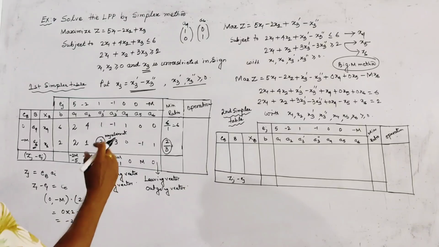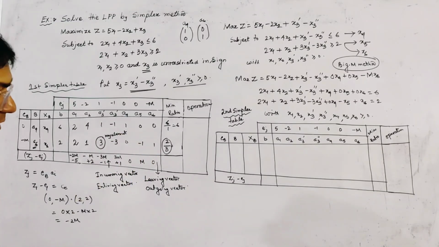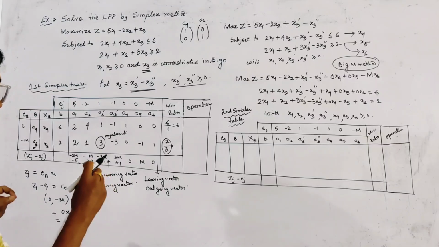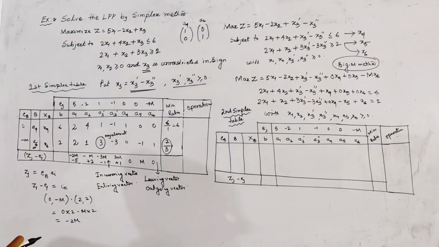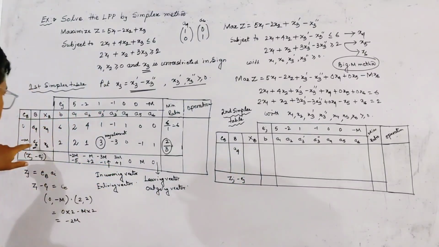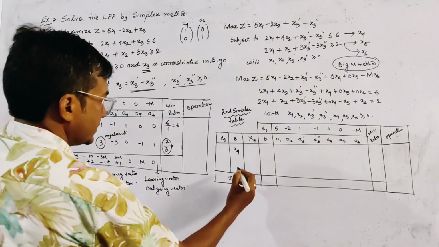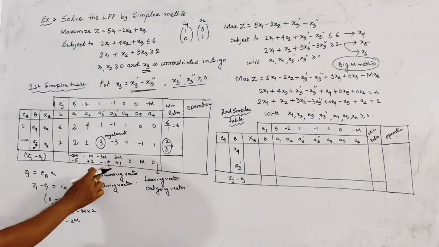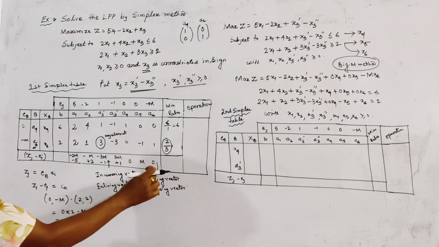Now we go to the second simplex table. We have already drawn the second simplex table, and how to fill it? In the second simplex table, we start from the basis column, B column, that is A4 and A3 dash, because A3 is incoming and A6 is outgoing.